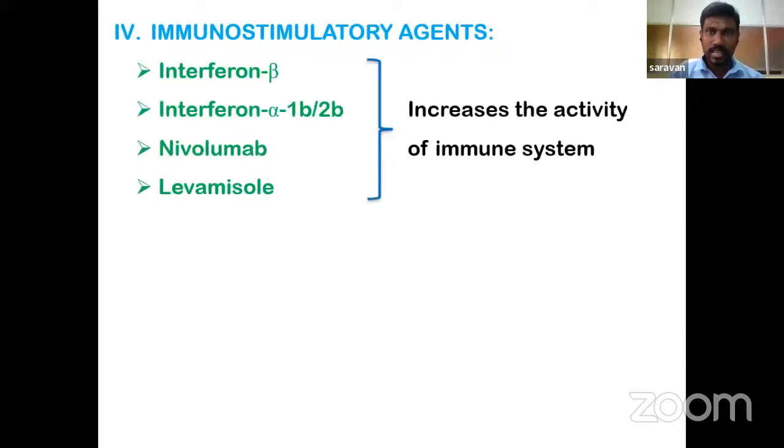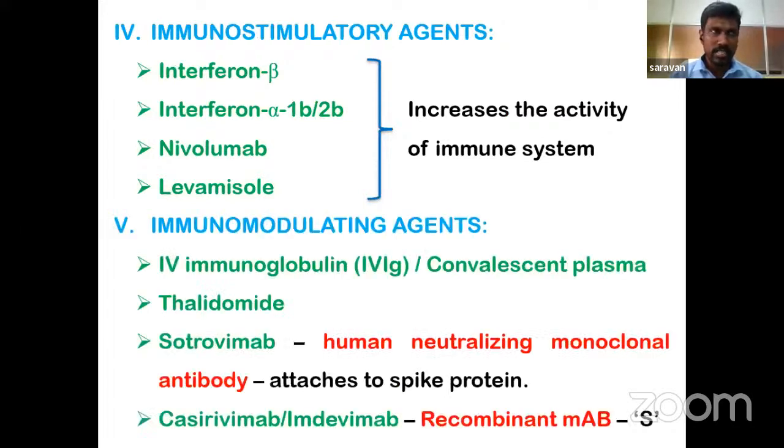The next one is immunostimulant agents like interferon alpha and beta, nivolumab and levamisole. The next one is immunomodulating agents like intravenous immunoglobulin or convalescent plasma.